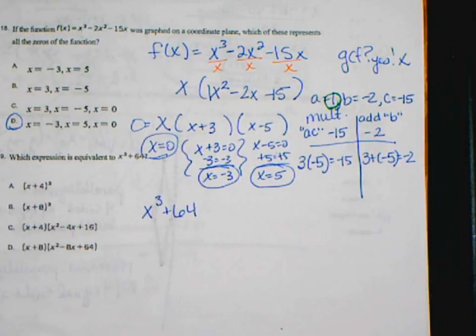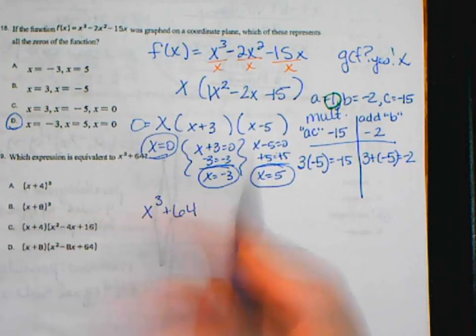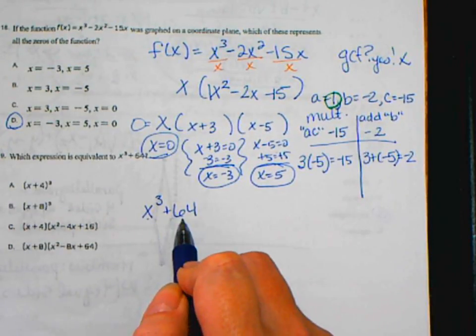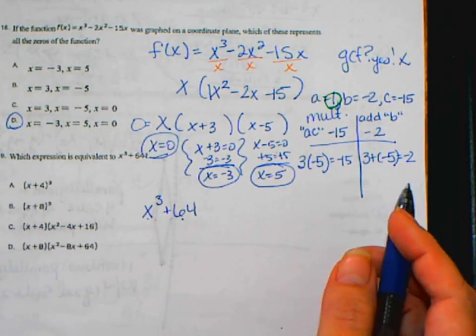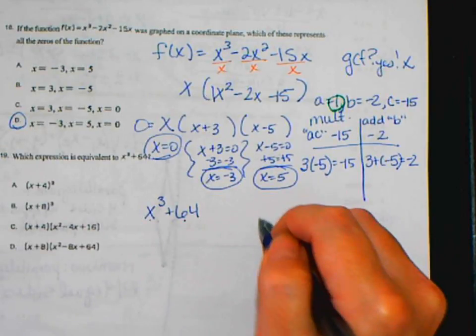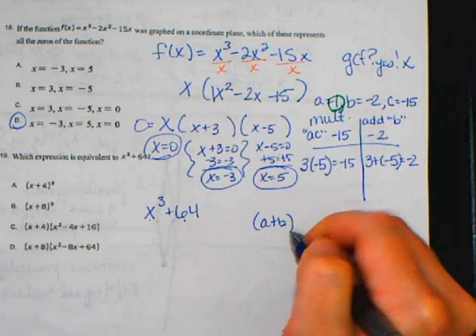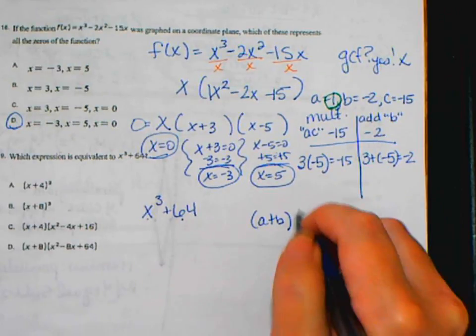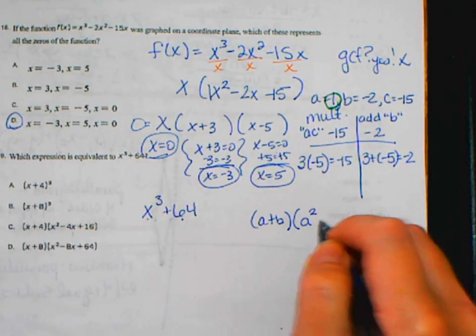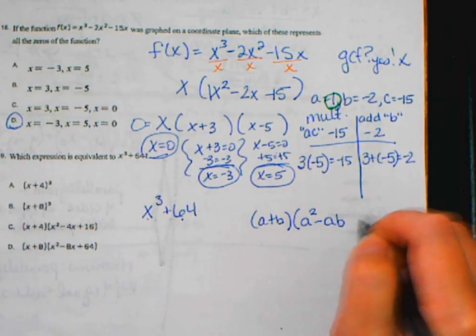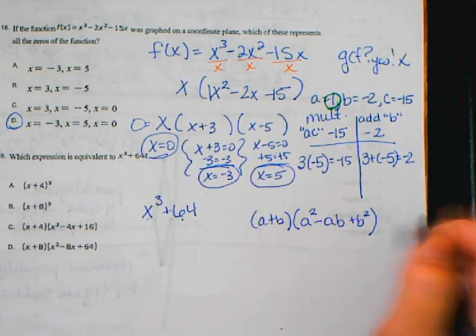But that's not what I want you to do. I want you to factor it the way you remember. Remember, when you have a perfect cube plus a perfect cube, you follow that little pattern, which is a plus b, because it's a sum, times a squared minus ab plus b squared.